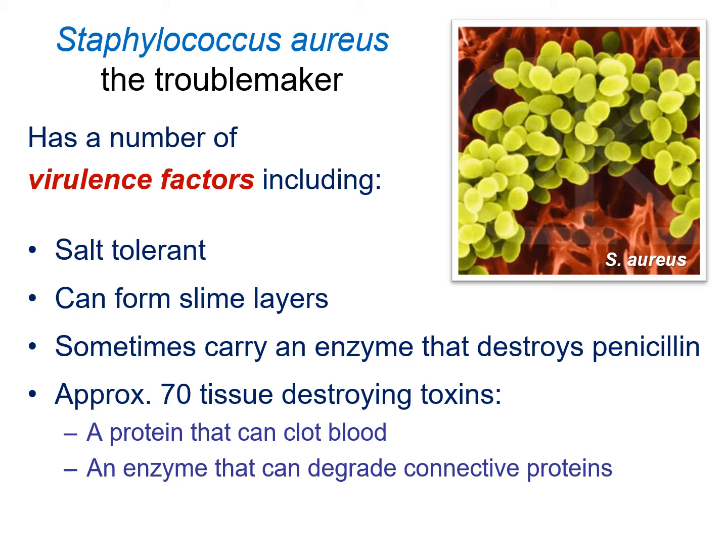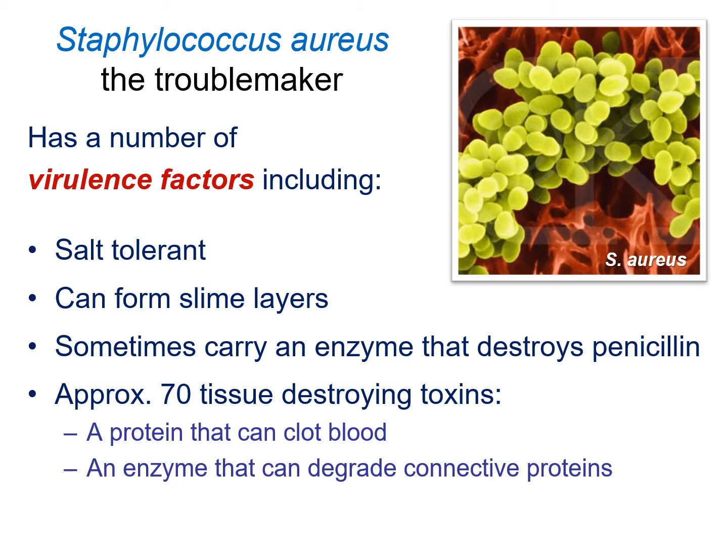But S. aureus is tolerant of salt conditions, and we did a test of that in the lab. If you remember, we grew bacteria species on mannitol salt plates, and S. aureus and S. epidermis did quite well under those conditions, whereas things like E. coli did not. S. aureus can form slime layers. That's where we have multiple layers of bacteria that stick to each other.